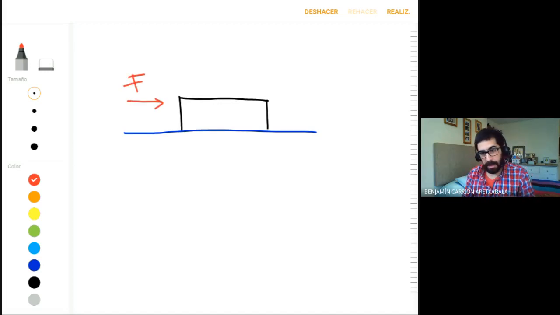If that force is large enough, the body will deform, and it will shift to the right in this case. And once you stop applying the force, then the body will deform back. You can think of a table.